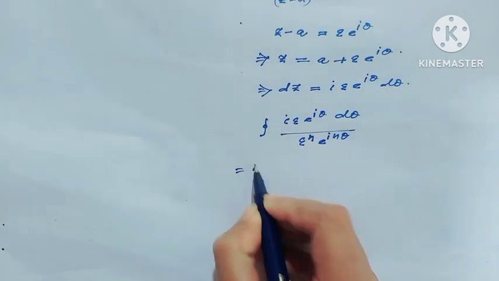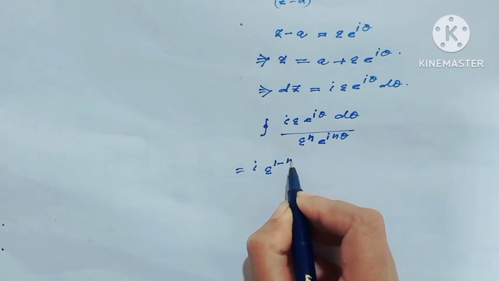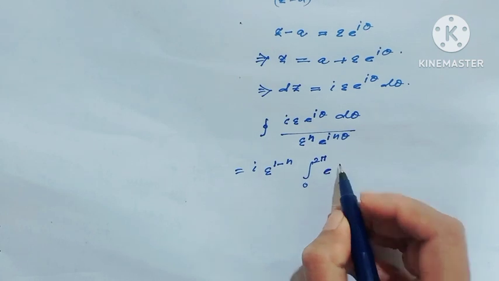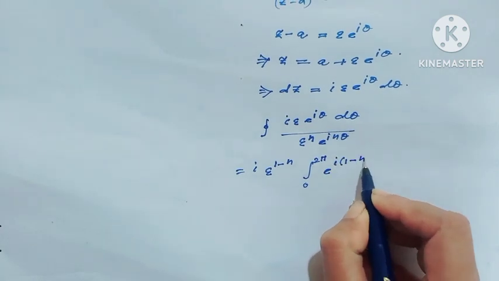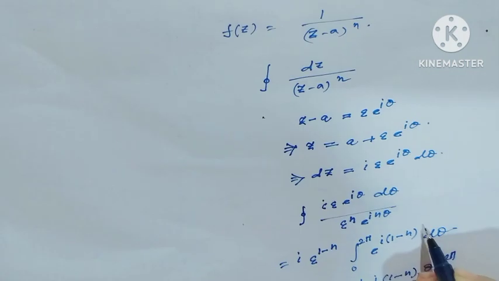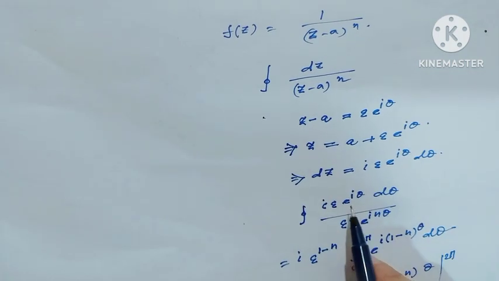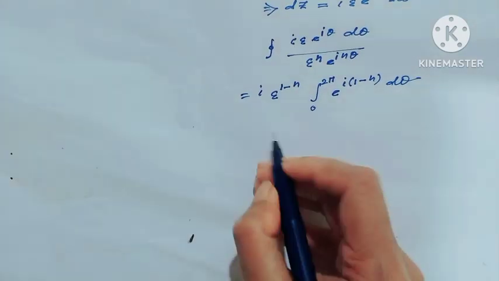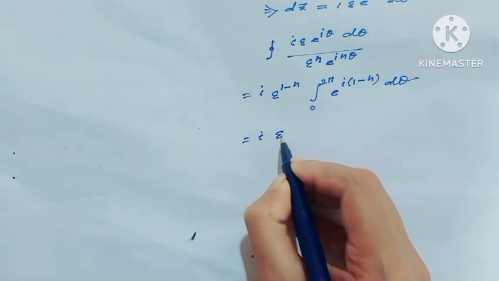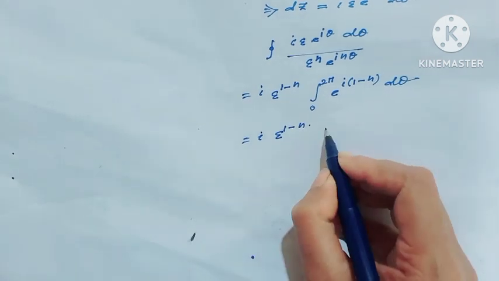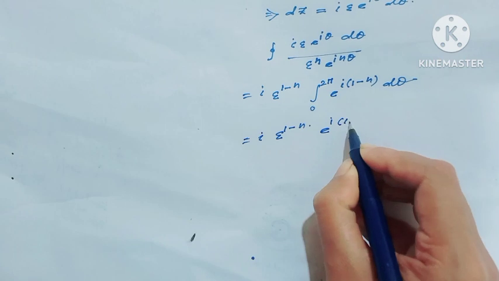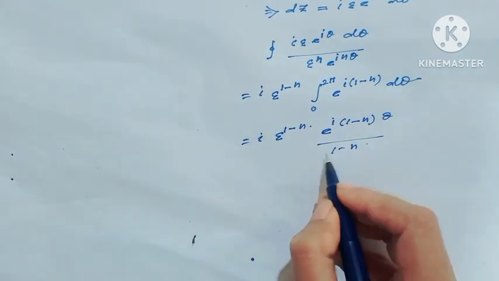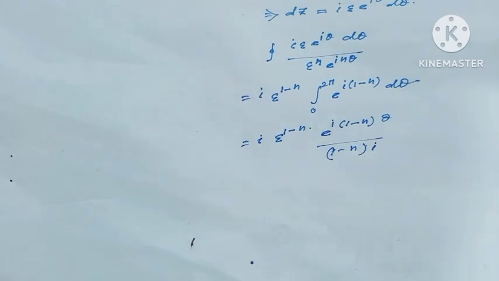And this value would be i epsilon to the power 1 minus n, integration from 0 to 2 pi of e to the power i times (1 minus n) theta d theta. This equals i epsilon to the power 1 minus n, e to the power i times (1 minus n) theta over (1 minus n) divided by i.